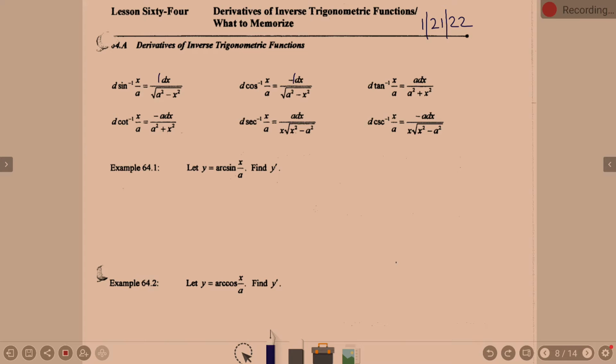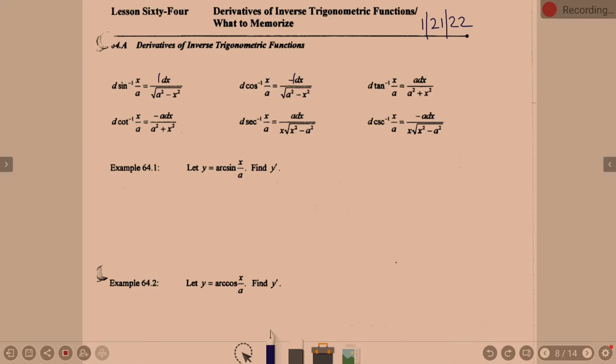Now, let's practice with example 1 here. Let y equal arc sine of x over a, find y prime. So again, this is not using the formula up there, but the whole idea of developing it.